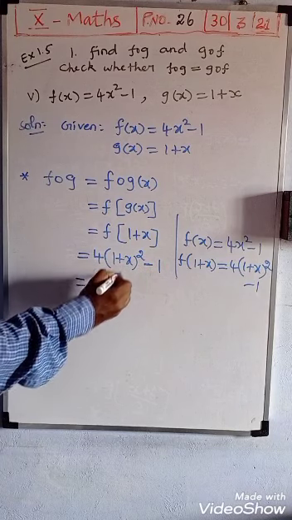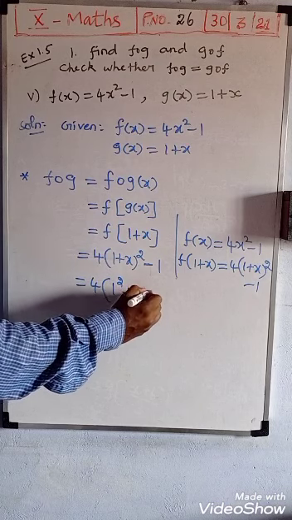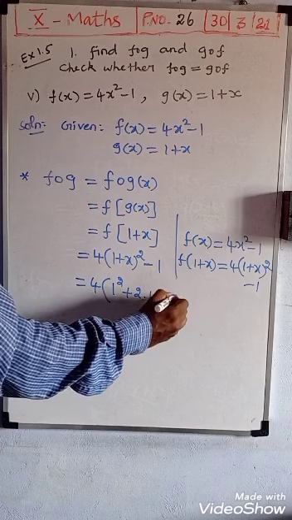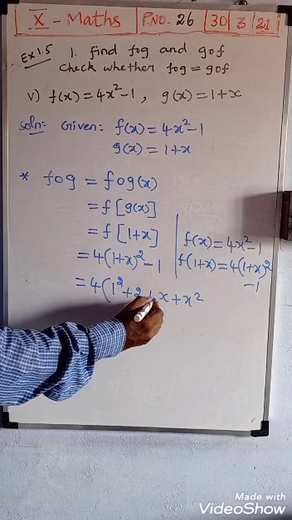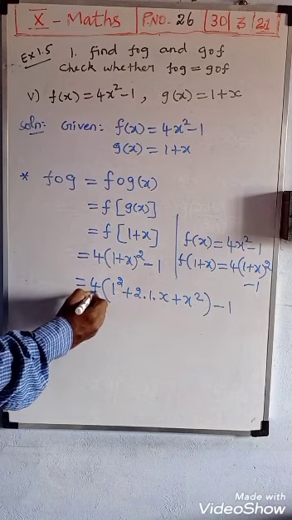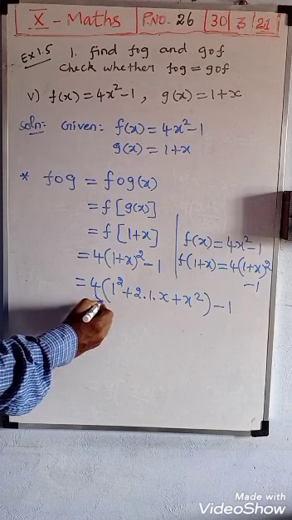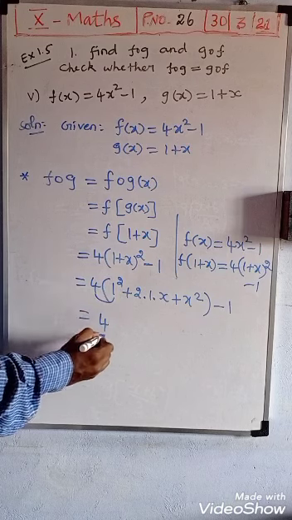4 of a plus b to the whole square is a square plus 2ab plus b square. The dot actually means multiplication. Close the bracket, minus 1. Now 4 into 1 square: 1 square value is 1, 4 ones are 4.